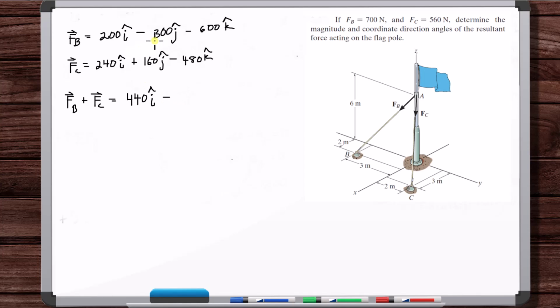Minus 300 plus 160 is minus 140. And then minus 600 minus 480 is minus 1080. Now one of the things the question wants is the magnitude of FB plus FC, so we'll call this F resultant.